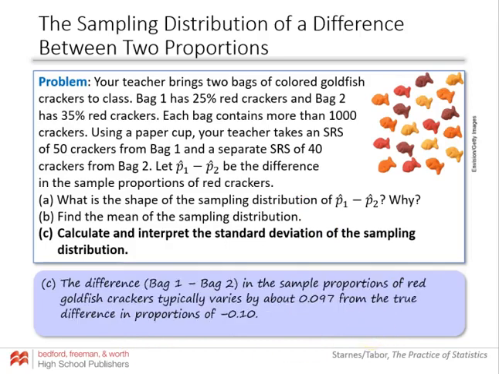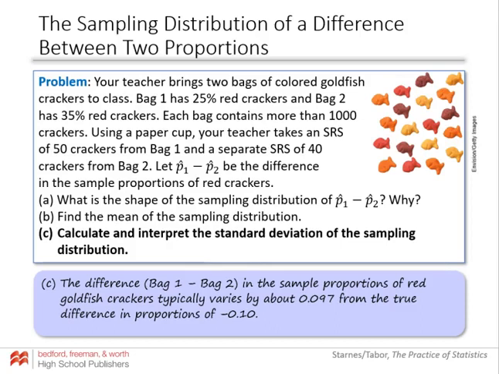Okay, for the interpretation part, we're going to say the difference, and you need to indicate the direction of the subtraction. So bag 1 minus bag 2 in the sample proportions of red goldfish crackers, that's all just giving context, typically varies by about 0.097 from the true difference in proportions of negative 0.10, okay?